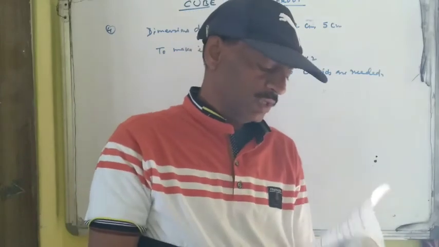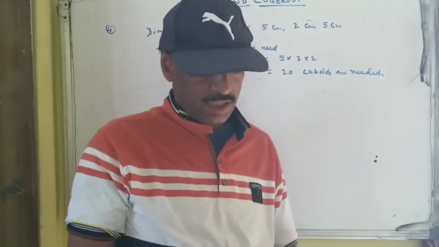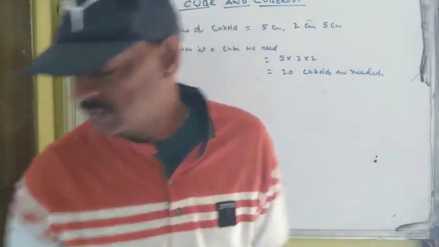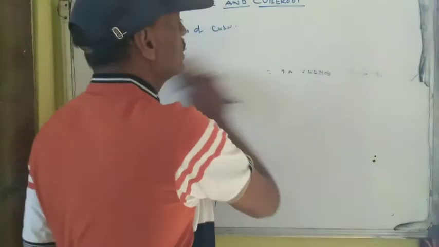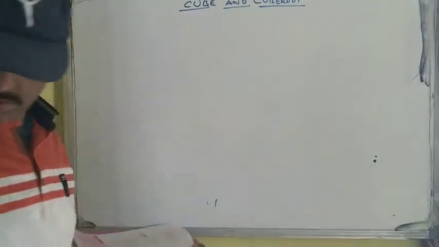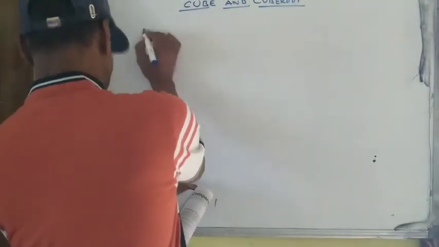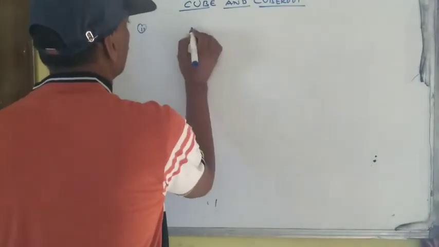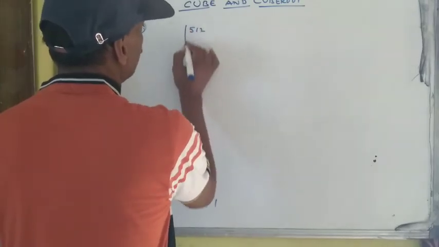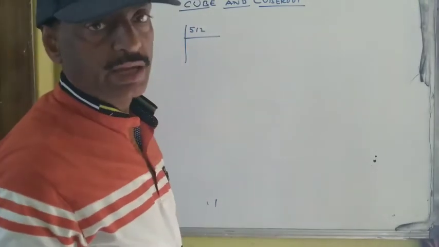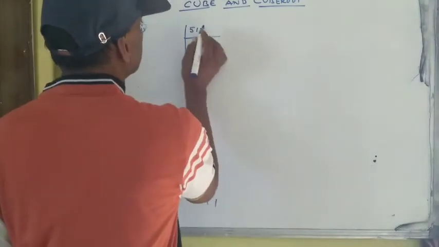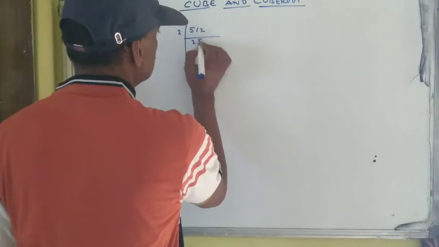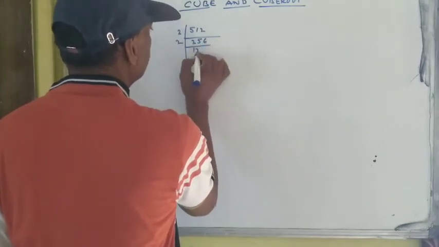Okay, now the next exercise, exercise number 7.2. Here in the first question, find the cube root of the following numbers by the prime factorization method. Just see question number 2, 512. At first we have to find the prime factors of 512, dividing by 2, by 2, and so on.